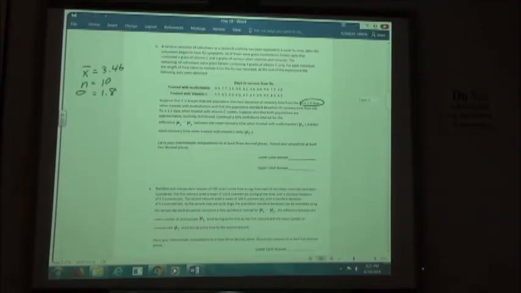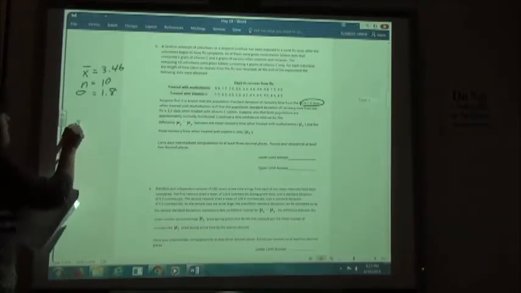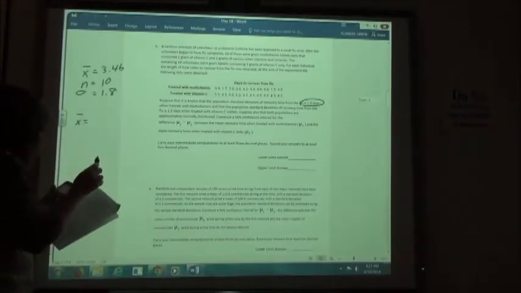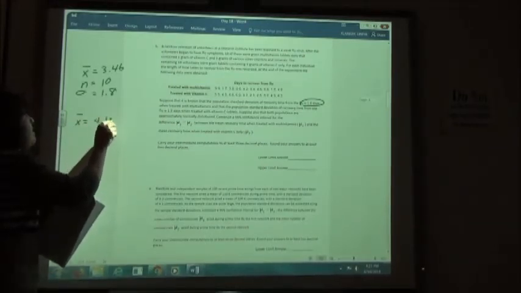On the second one, same thing. If I just hit my stat button again and go to calculate, one variable statistic, but change it to list 2 instead of list 1. So you do shift 2 to get list 2 in there. Again, if we calculate that, my mean, my X bar value is going to be that top number, the 4.17.